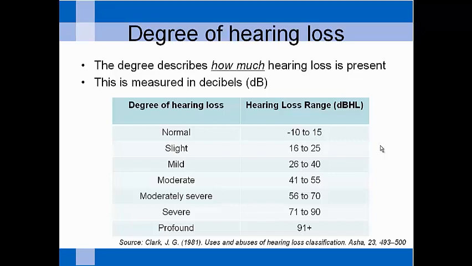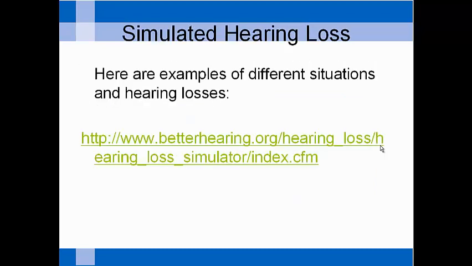As we go further down from slight to mild all the way down to profound, hearing loss is much more severe or much greater. And we'll look at some other examples later on of what those types of hearing loss look like.